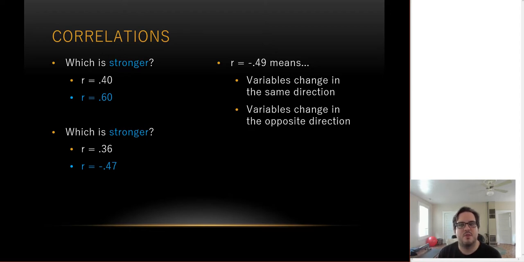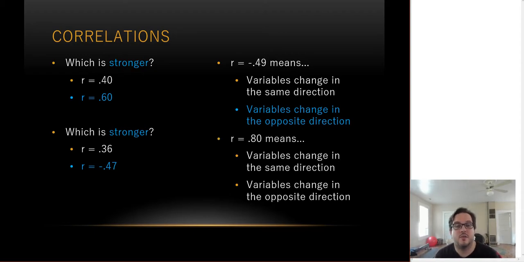Remember, the difference between a positive and negative correlation, that plus sign or the minus sign, is going to determine the direction of the relationship. So in this case, a negative is going to mean that the variables change in the opposite direction. As one goes up, the other one goes down. As the number of masks worn increases, we tend to see a lower percentage of Republicans in that county.